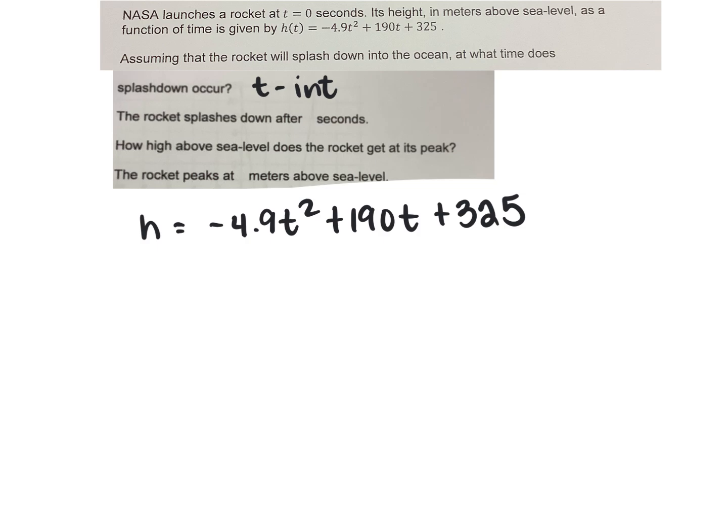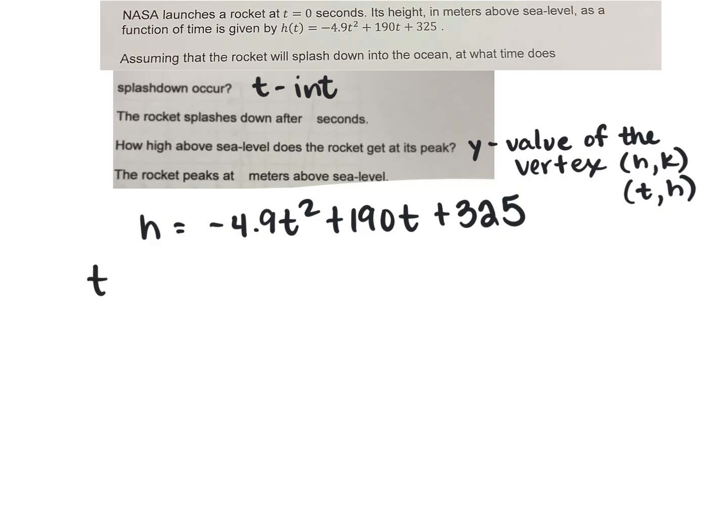Another way to say that is the y value of the vertex, which typically is the ordered pair point HK. And for us, of course, it changes into TH. So we just need to find the vertex point. I'm going to use the vertex formula. So the t value is equal to negative b over 2a.